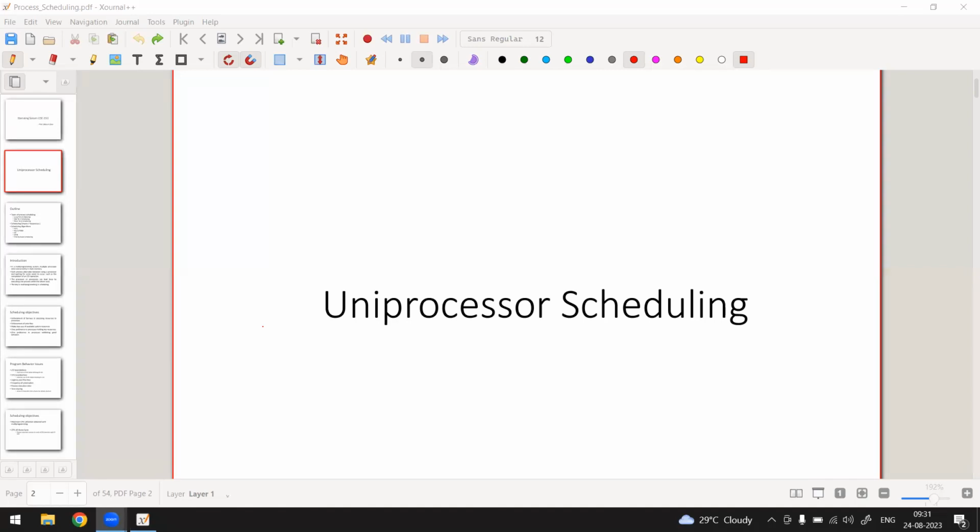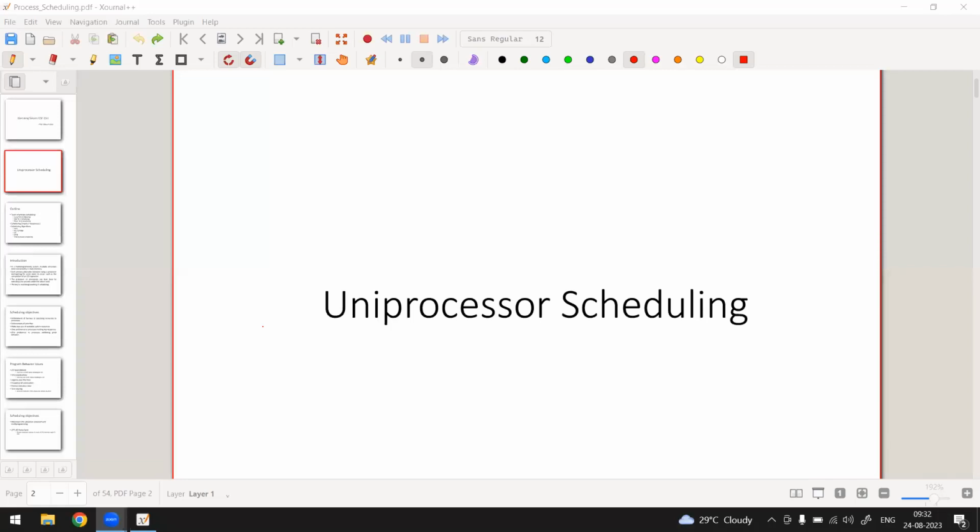The process control block contains various information like process ID, state of the process, the register details about the process, owner of the process, permission of the process, and so on.